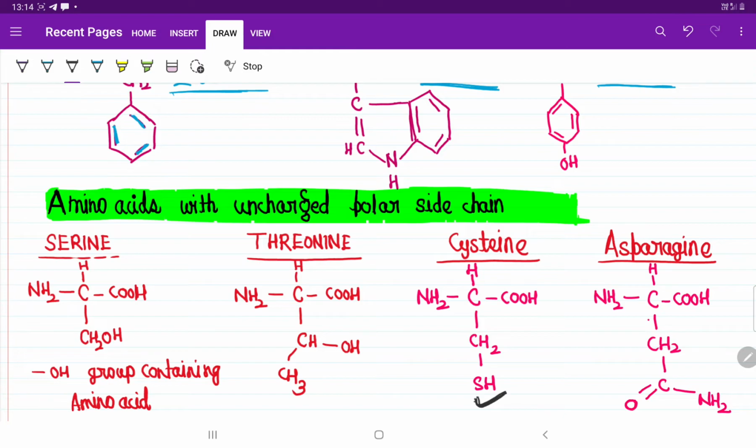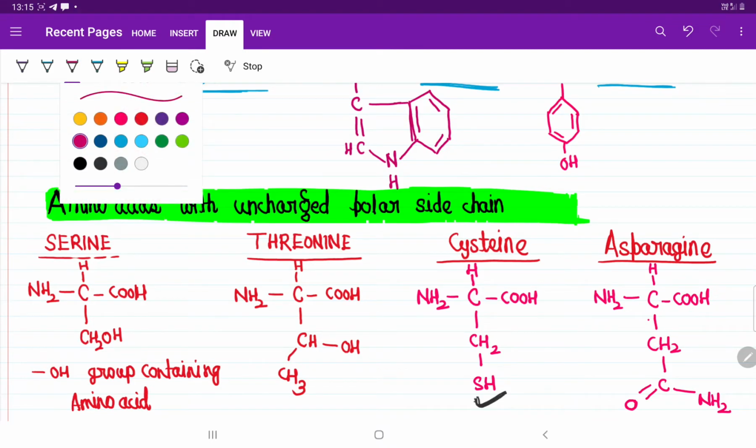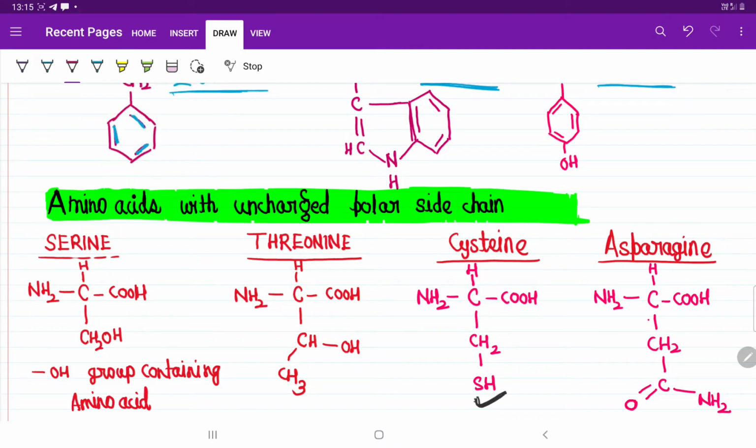Now the third amino acid group we classified is uncharged polar side chain. Uncharged polar side chain means, if you see our physiological pH, body pH nearby 7.4, or on average 7, you better see it in context of physiological pH.